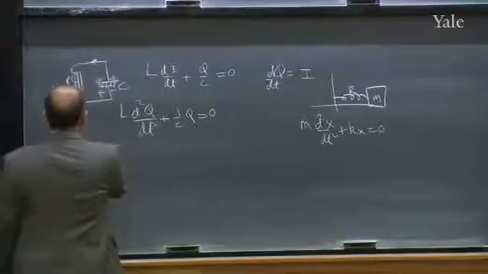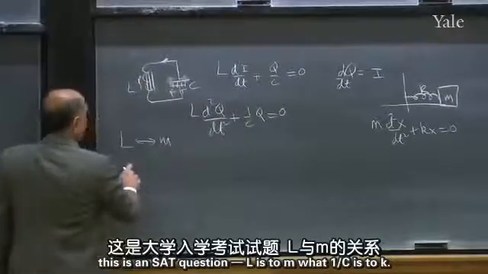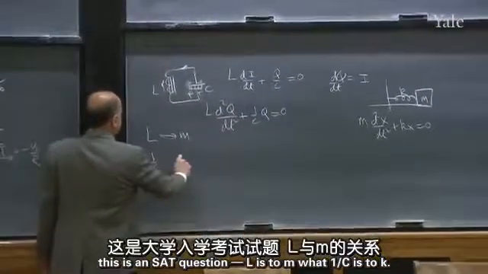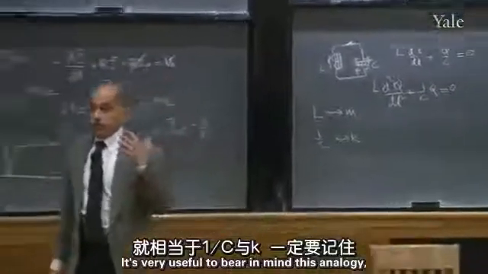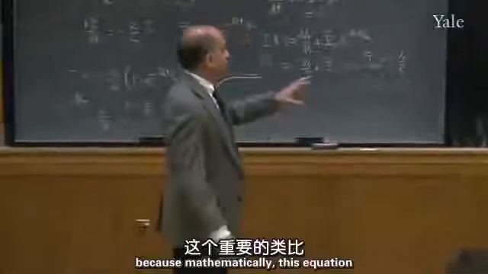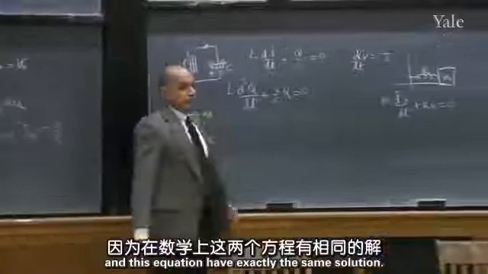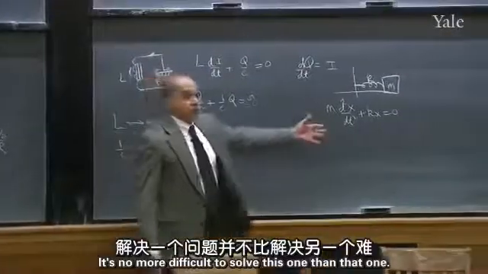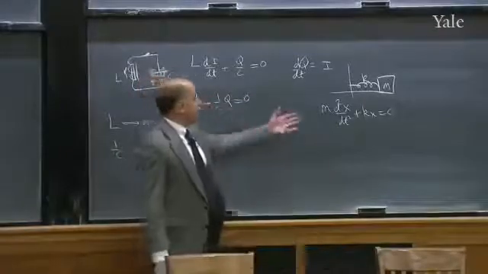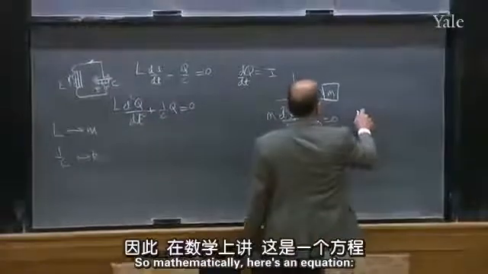And L, this is an SAT question, L is to m what 1/C is to k. It's very useful to bear in mind this analogy, because mathematically this equation and this equation have exactly the same solution. It's no more difficult to solve this one than that one. This may involve electric charges, that may involve masses. You don't care.